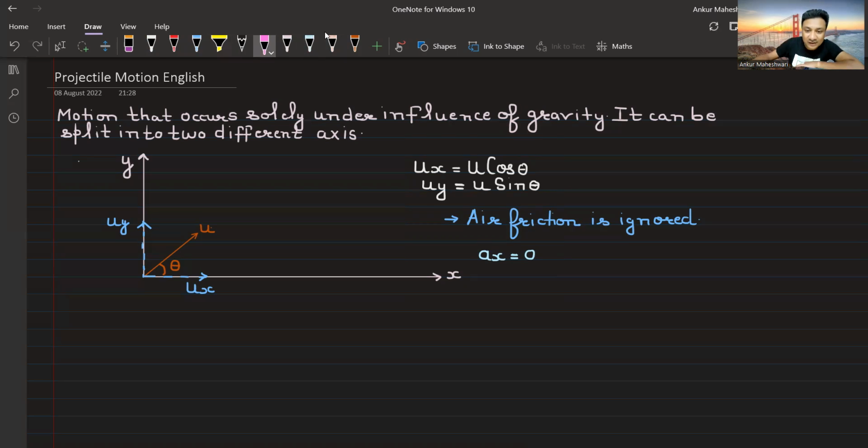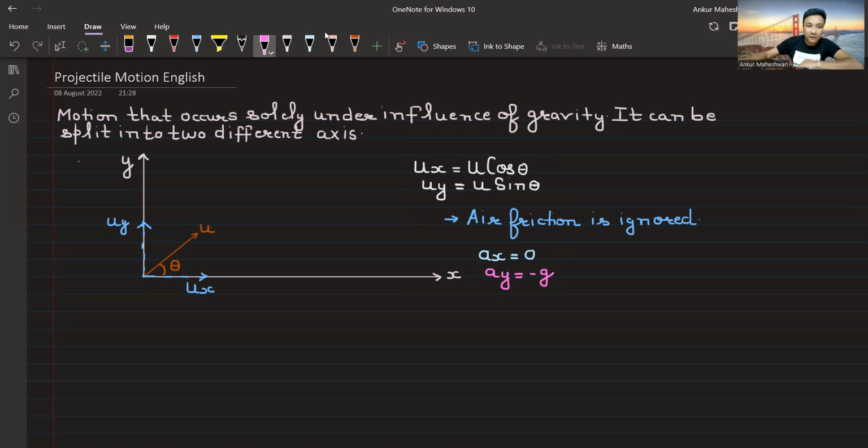So acceleration along the y-axis is actually minus g. Why am I taking minus g? Because the acceleration is pointing downwards, towards the negative y-axis. So it should be considered as minus g. All right. So we know the parameters ux, uy, ax, and ay.